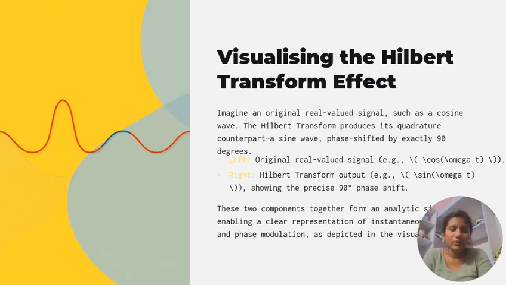The Hilbert transform output at right is sin omega t, showing the precise 90 degrees phase shift. These two components together form an analytic signal, enabling a clear representation of instantaneous amplitude and phase modulation as depicted in the visual.